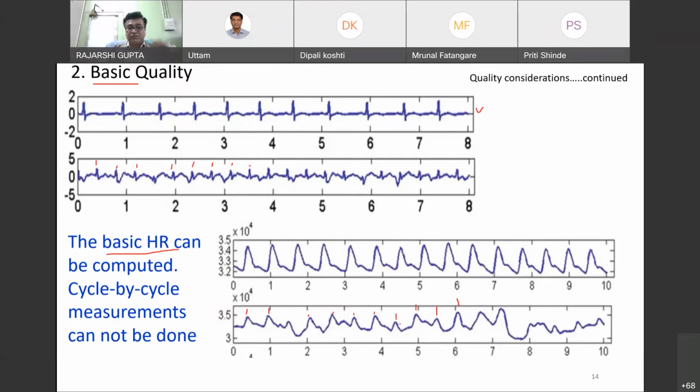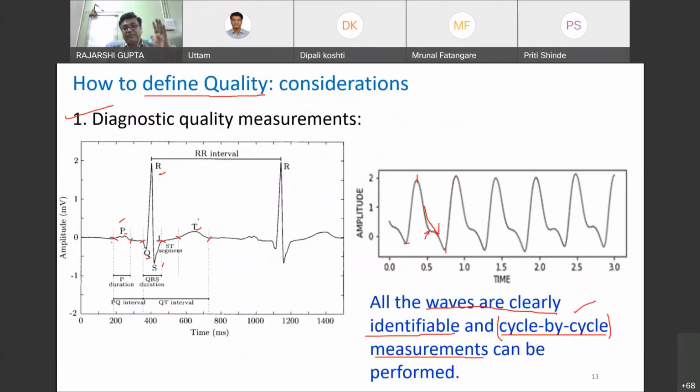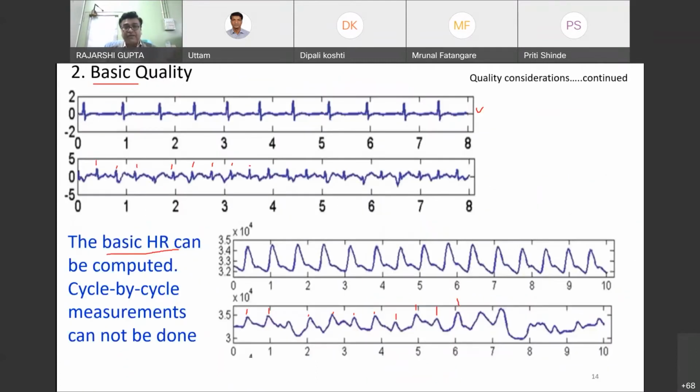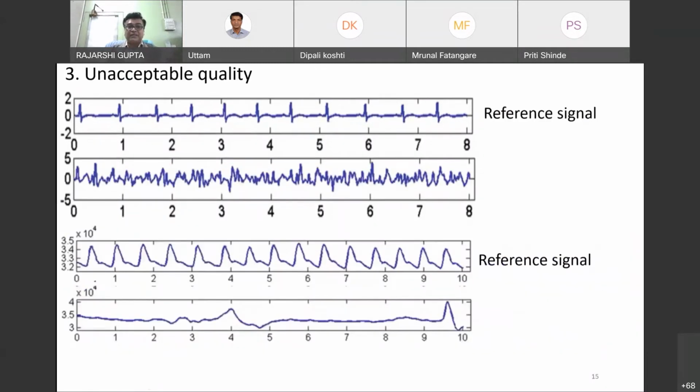So we defined diagnostic quality measurement, where all the waves are clearly identifiable and cycle by cycle measurements can be performed. Then the second, somewhat degraded quality, is basic quality, where we can do some basic measurements. The last one, which is worst, is unacceptable quality.